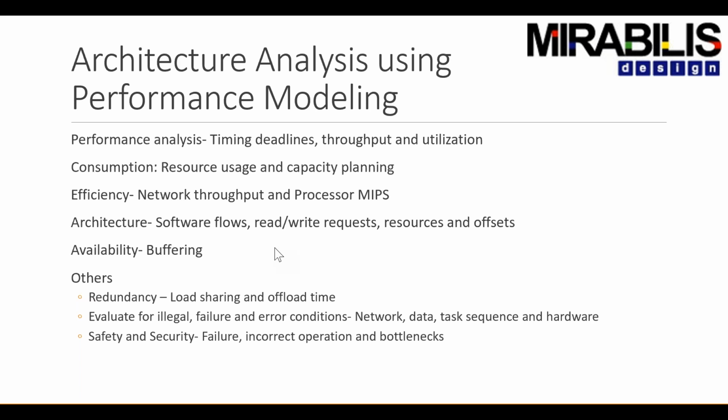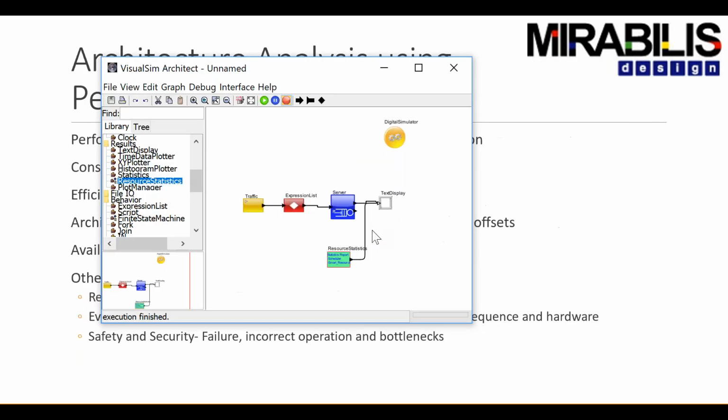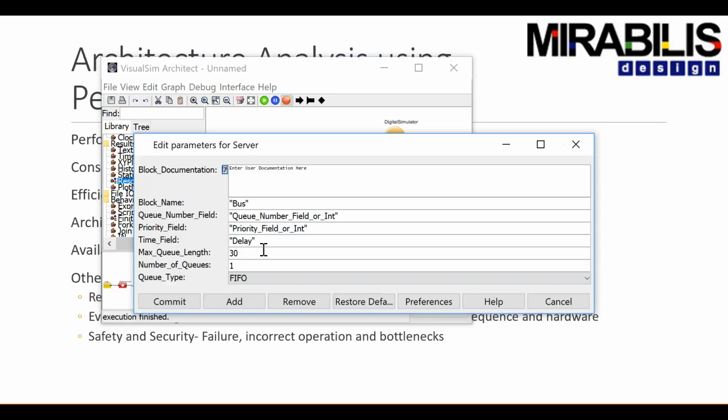How does the read-write request to memory change? Does it impact any of the response times? Also, what is the availability in terms of my buffer usage? In this particular case, I didn't see any data being dropped anywhere. But when I go back to the simple design, I'm going to make this buffer size just 3.